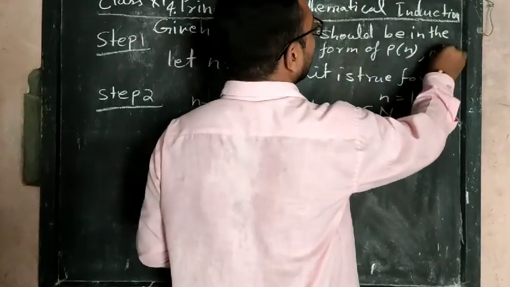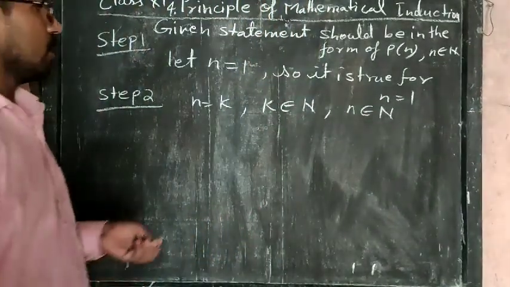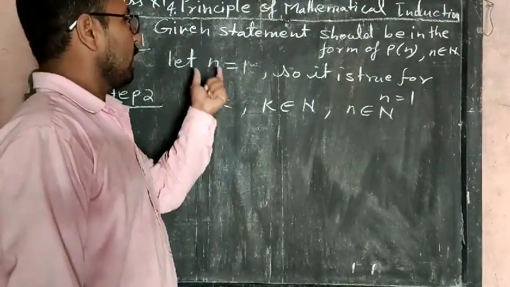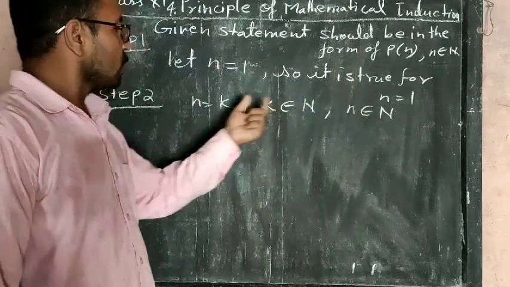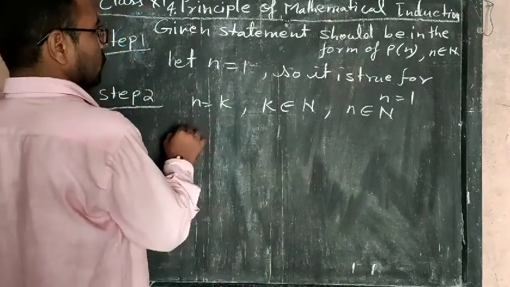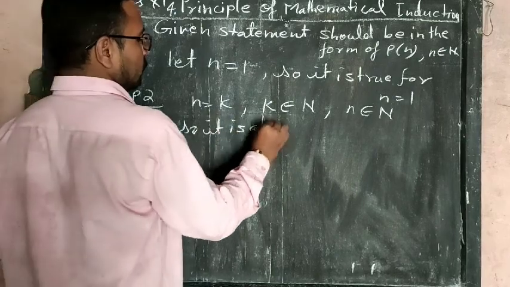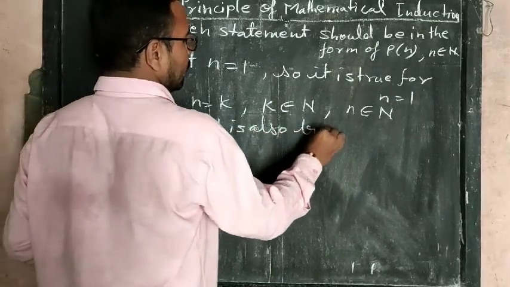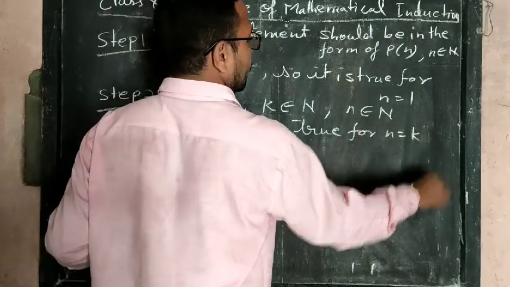If n is equal to 1 is true, then n is equal to k must also be true. So it is also true for n is equal to k.